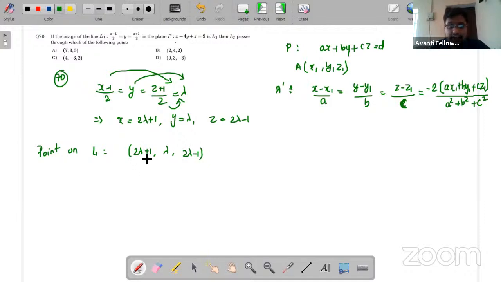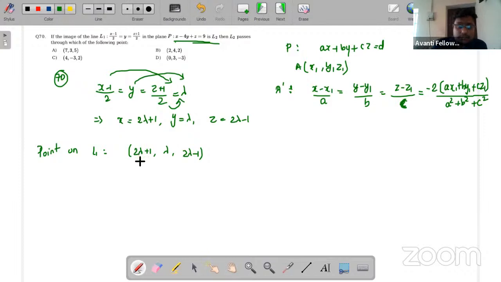So from this point we have to take an image in this plane, which is a line L2. First we'll find the image of this point in this plane.